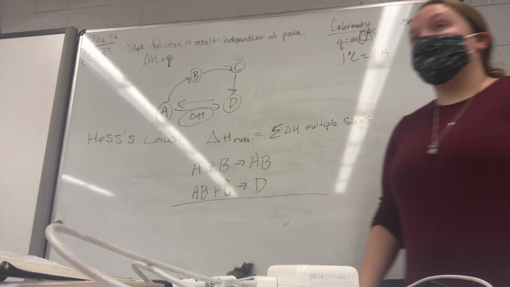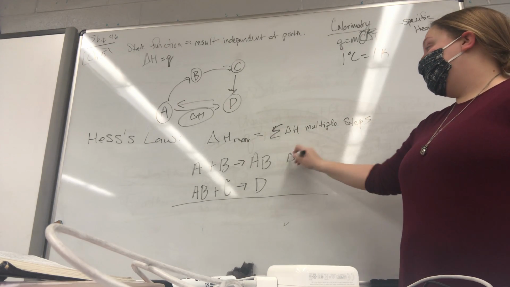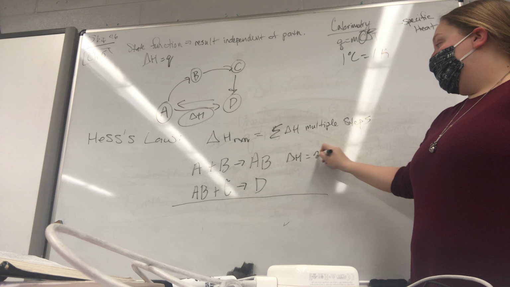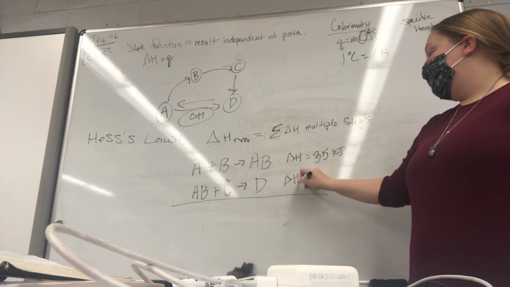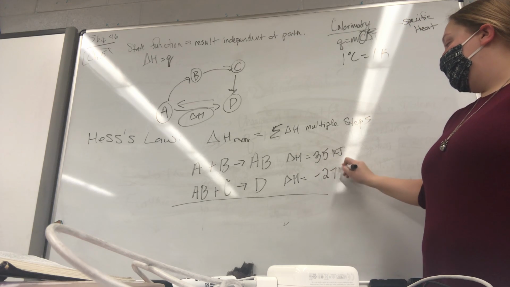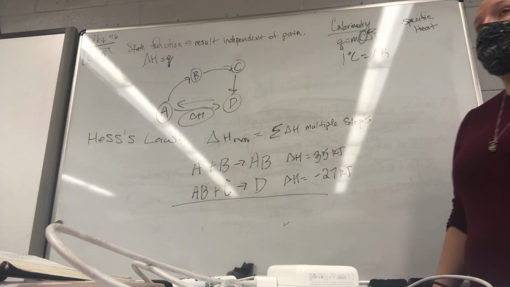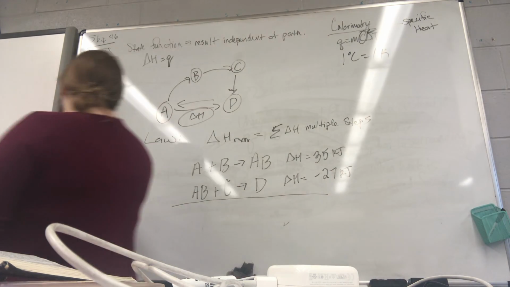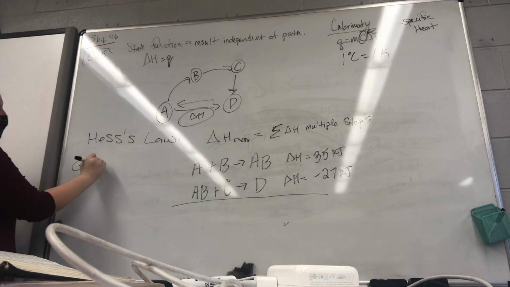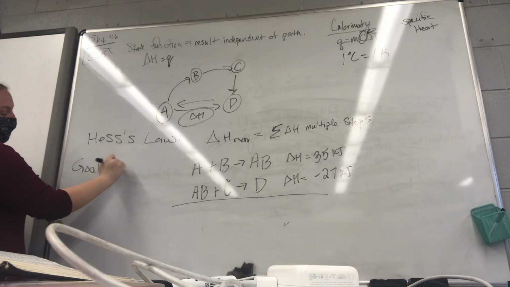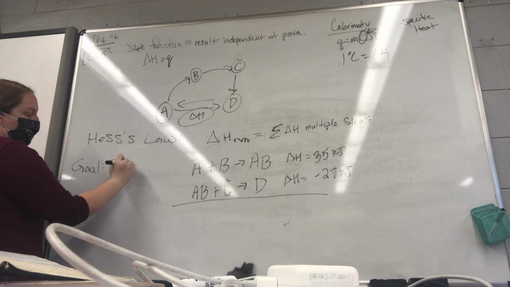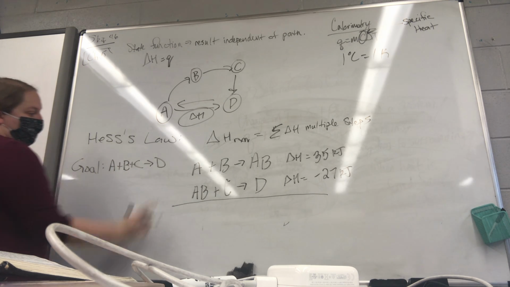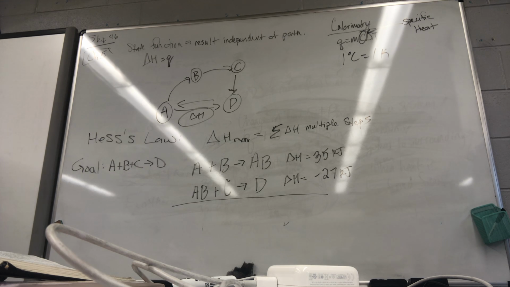This is one of those where we said, okay, if we could add, let's say our goal, we were given, remember we had a goal reaction, say this is our goal.